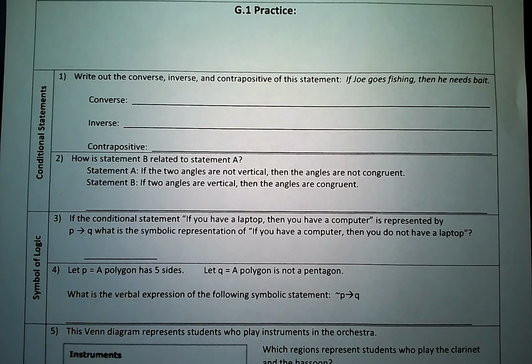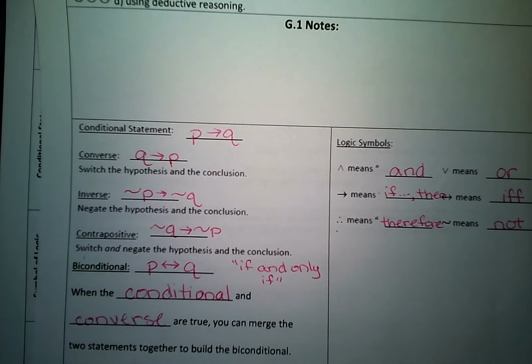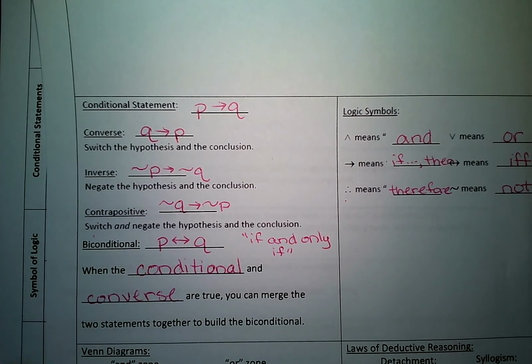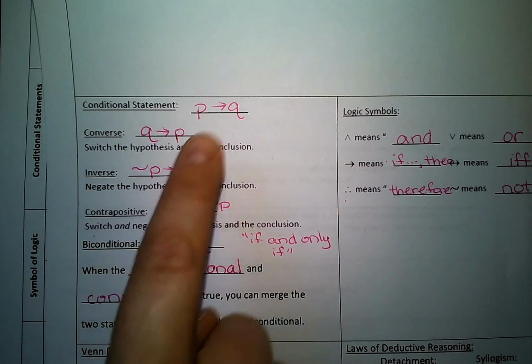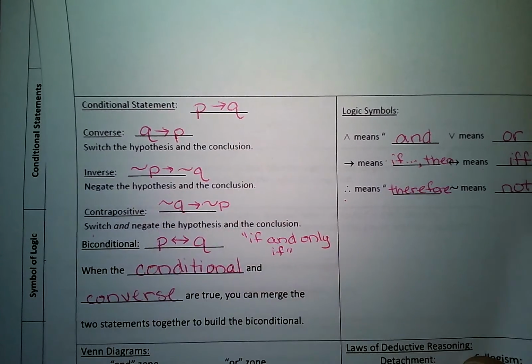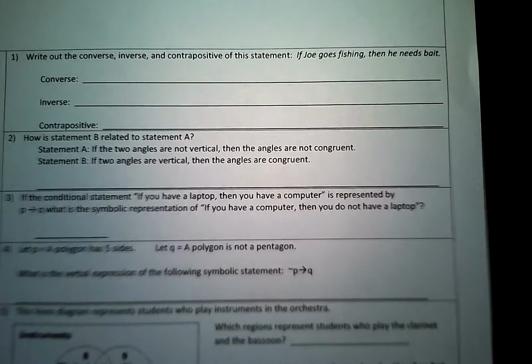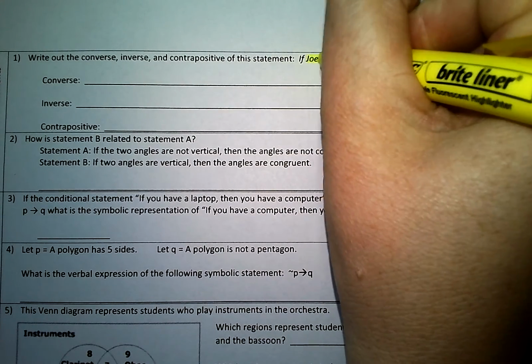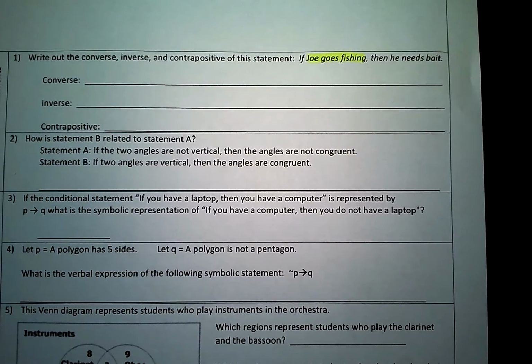It says, write out the converse, inverse, and contrapositive of this statement. If Joe goes fishing, then he needs bait. Well, if I check out my notes from the previous video, I know that I'm working with the 3 different conditional statements here, but first I need to label the original statement, P and Q. Well, the 2 parts of this statement are Joe goes fishing, and the second part is he needs bait.